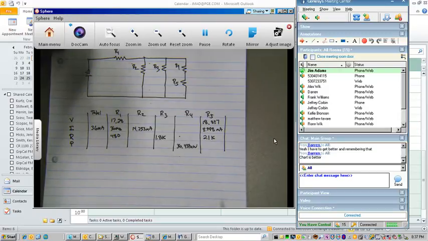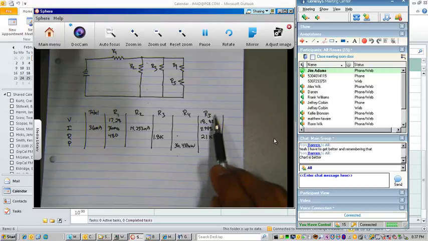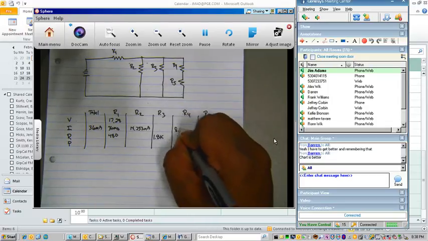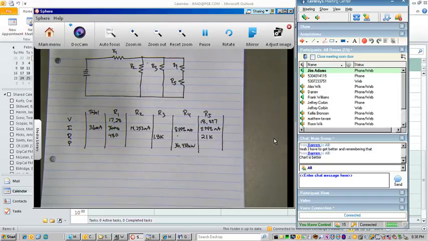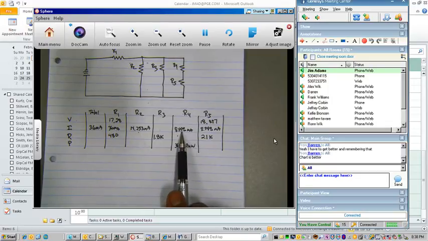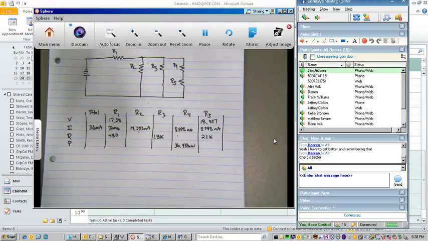Okay, I got 8.998 milliamps. Right? Okay, so now we know if we got 8.99 milliamps through R5, how much do we have through R4? 8.998.